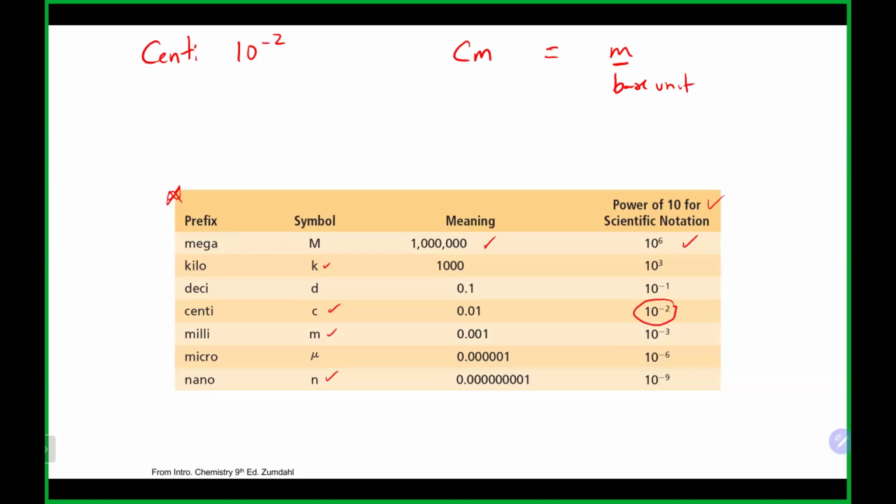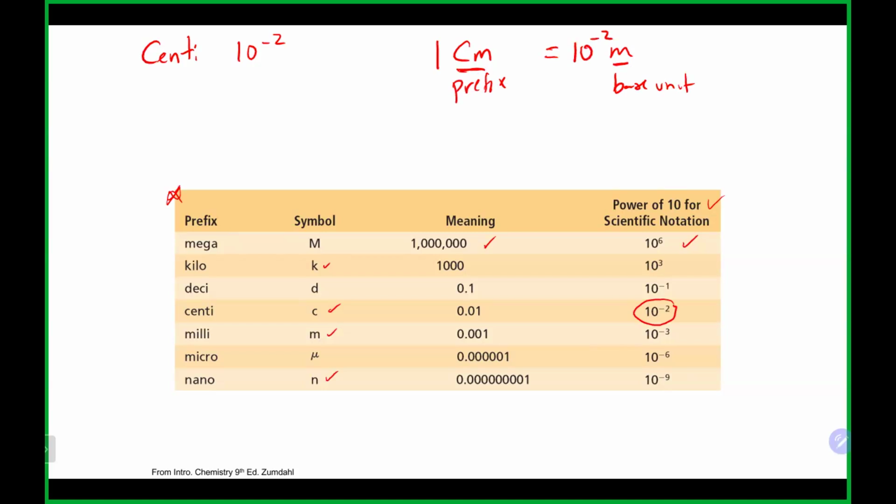So the meters here is really the base unit. Centimeters here is the prefix unit, because it's centimeters. They both have meters in it. So when you see centi is 10 to the minus 2, what that means is in one of the prefix units, that is how many you have of the base unit. And I can't tell you how many people do it just backwards.